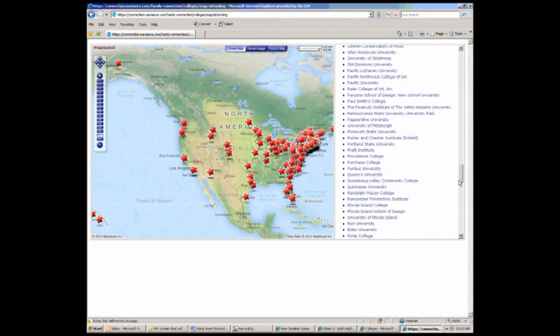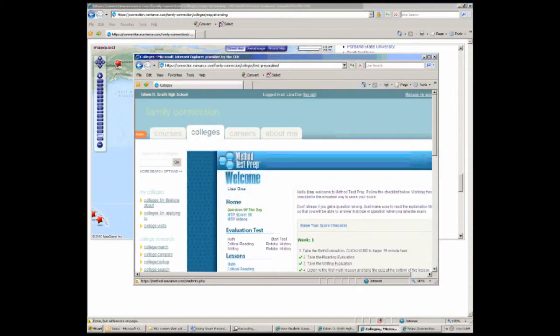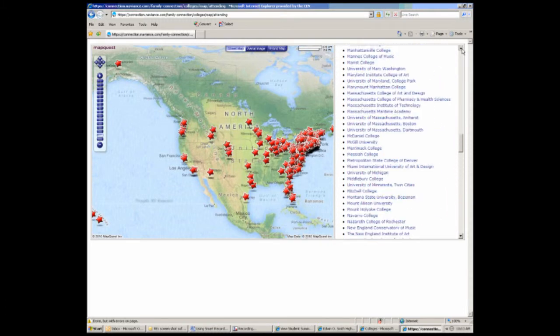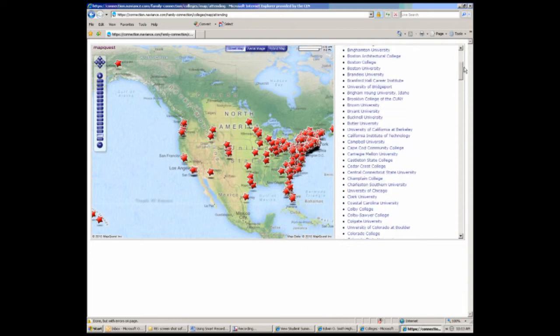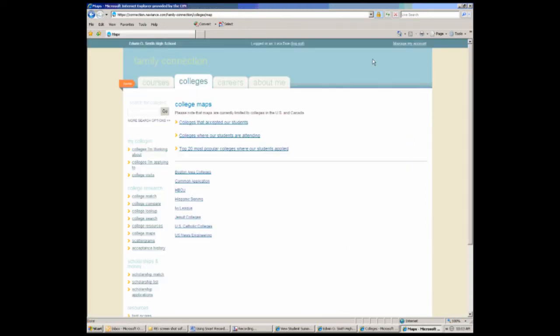And these are all the schools to which our students have matriculated in at least one case, and you can click on any of those schools to find out more information. You can see that most stay on the East Coast, although some have traveled as far away as Alaska and Hawaii.